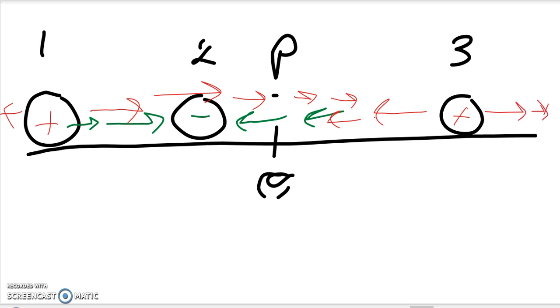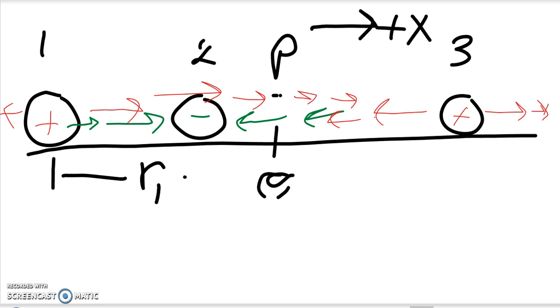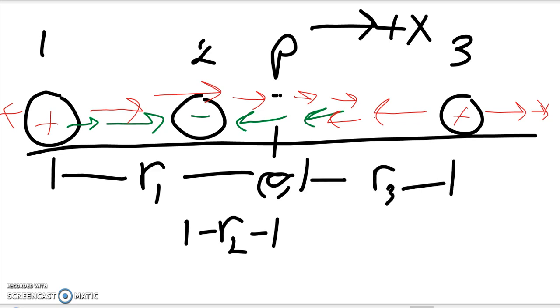So if you define, once again, right to be in the plus x direction, and I'm evaluating the field at point P, let's say I know this distance, we'll call it R1, this distance R2, and this distance R3. When I'm evaluating the field from Q1, E1 will be positive.